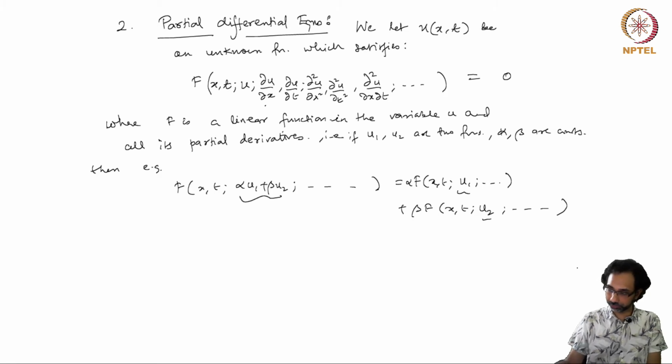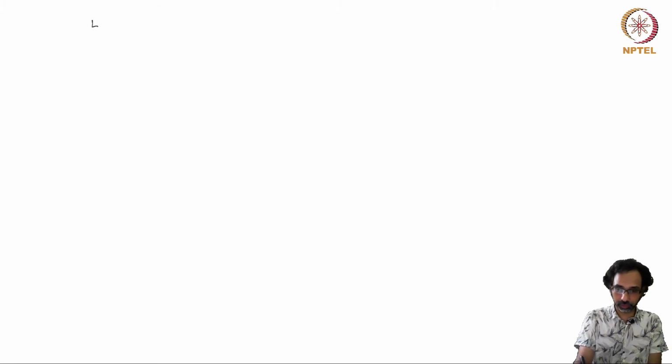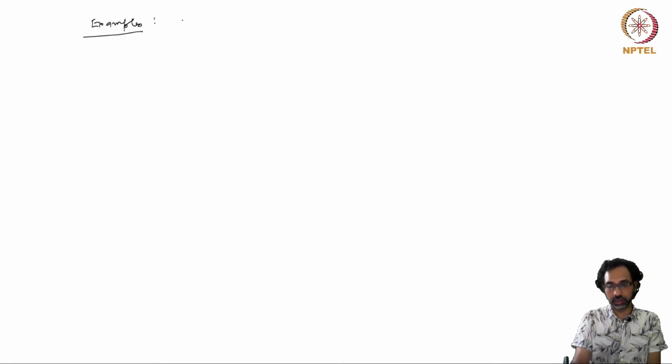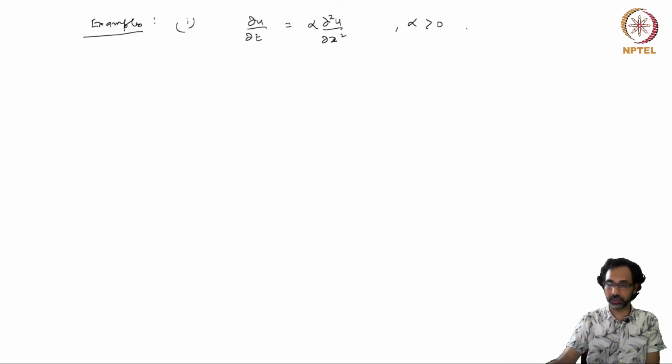So for example, examples of PDEs. You can have del u over del t is equal to alpha del 2u over del x2, where alpha is a positive constant.